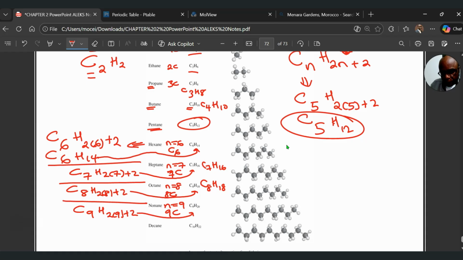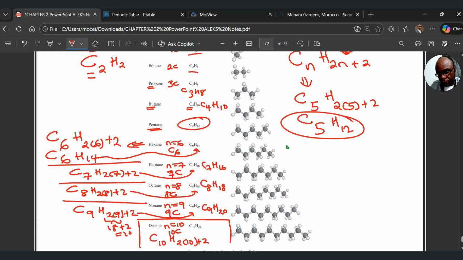That gives me C9H20. 2 times 9 is 18 plus 2 gives me 20. And then finally you have decane. So n equals 10. You have 10 carbons, so it will be C10H, twice of 10 plus 2. That gives you C10H22.